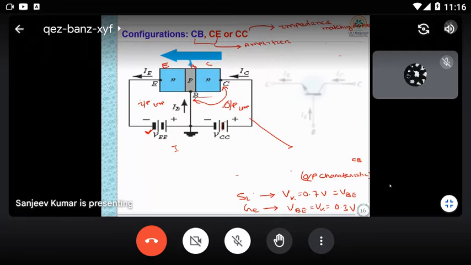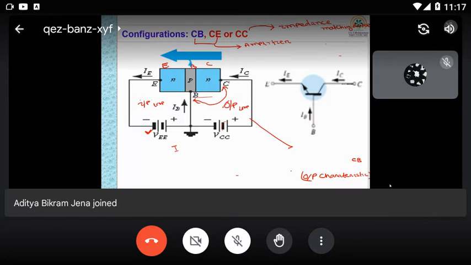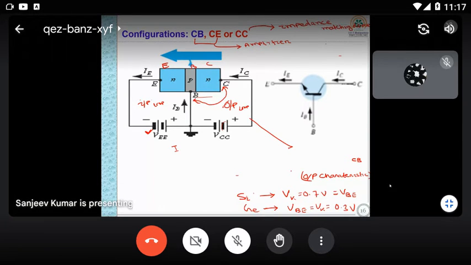Now that you have seen the configuration, we have to look at the features or characteristics of this configuration. For a characteristic, we have to plot the voltage and current behavior of this configuration. You will get two characteristics here: one is the input characteristic and the other is the output characteristic.